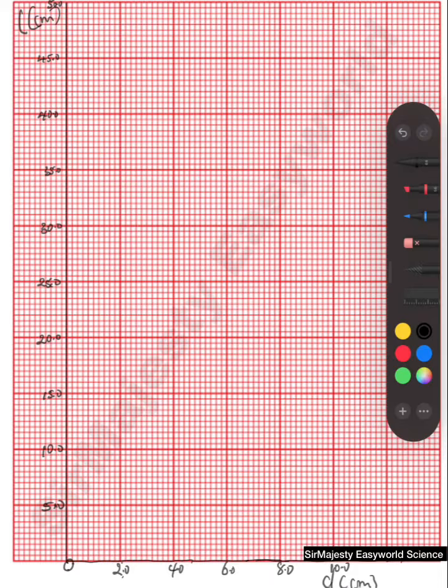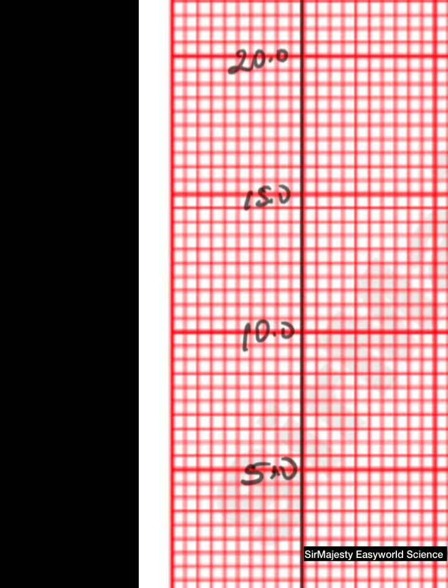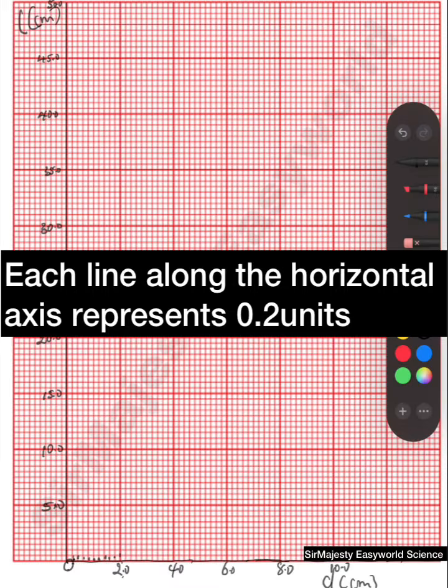If you check, 0.2, 0.4, 0.6, 0.8, 1, 1.2, 1.4, 1.6, 1.8, 2. Are you not seeing it? That each line here represents 0.2 along this horizontal axis.